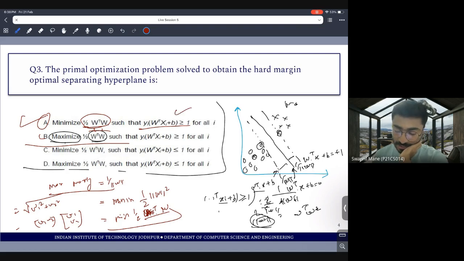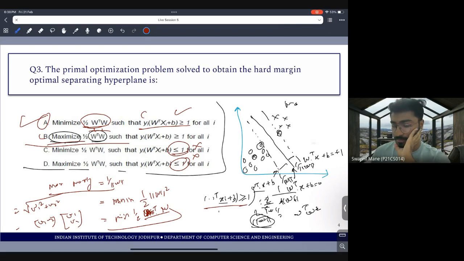For the soft margin, a C factor is introduced in this term, which ignores some instances. In the other options it is maximize, and in another equation you can see it is less than, which is wrong, because we have seen the values we are getting are less than or equal to here, right?